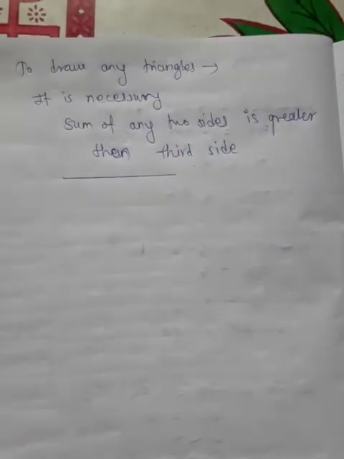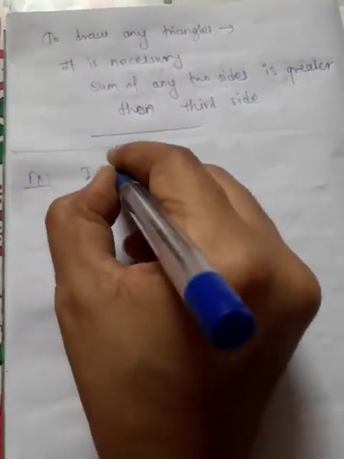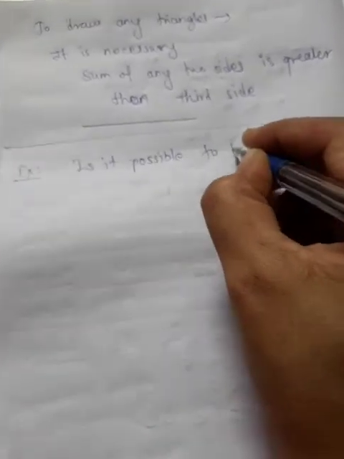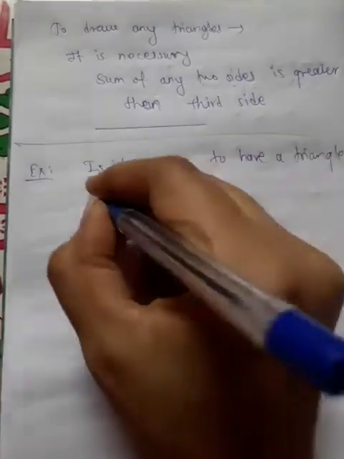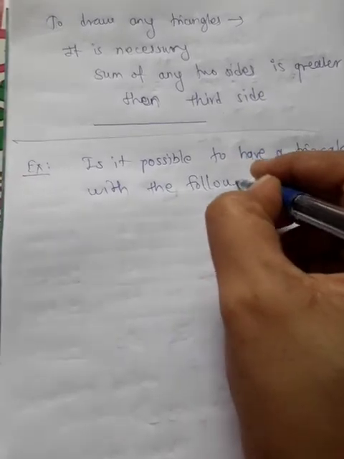Okay, so let us see an example. Is it possible to have a triangle with the following sides?